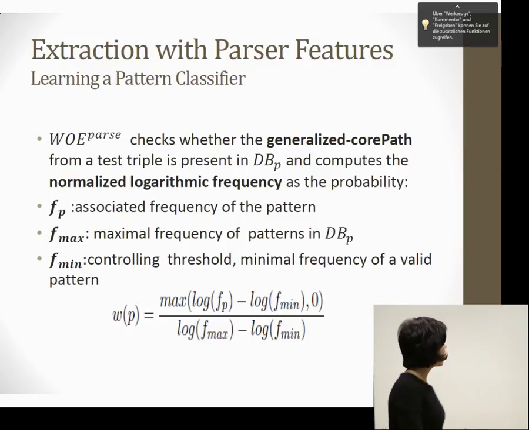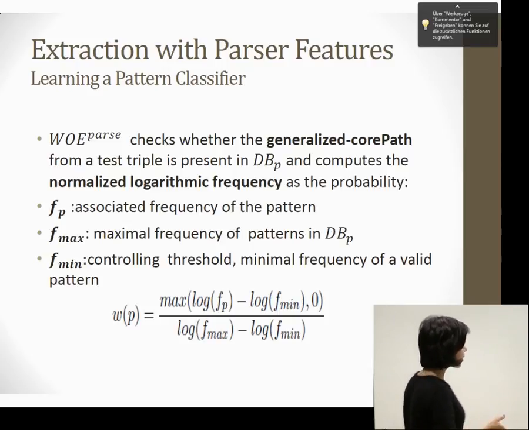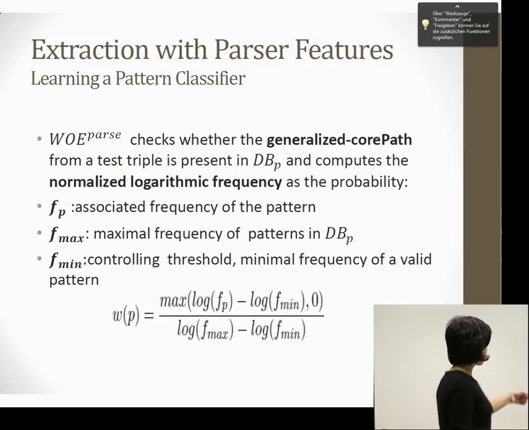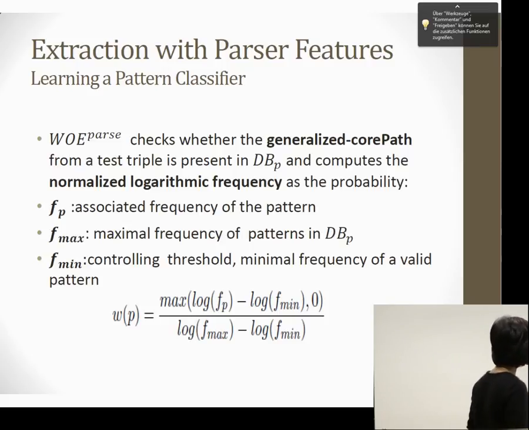So for classifying, it uses a frequency for each generalized core path. If we give the WOE parse a triple for testing, it makes its generalized core path and computes a frequency for that. It gives a weight for this frequency.